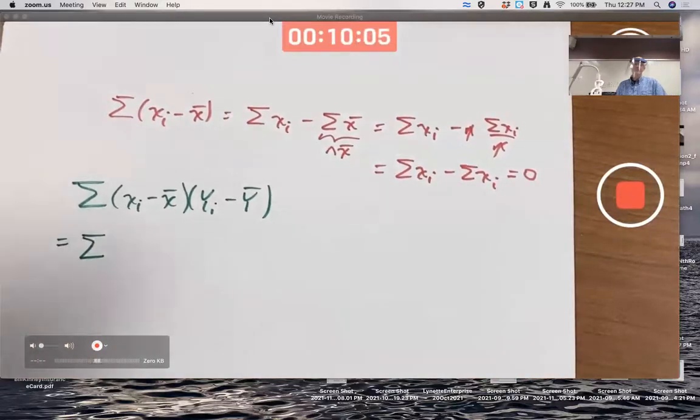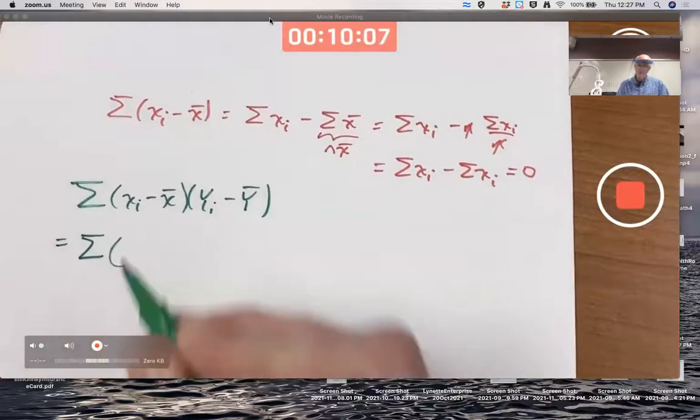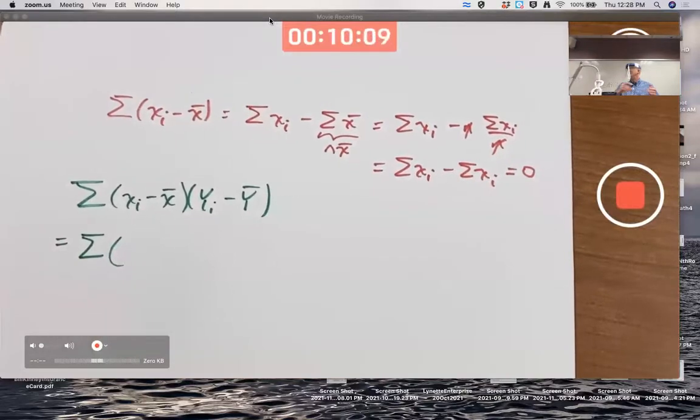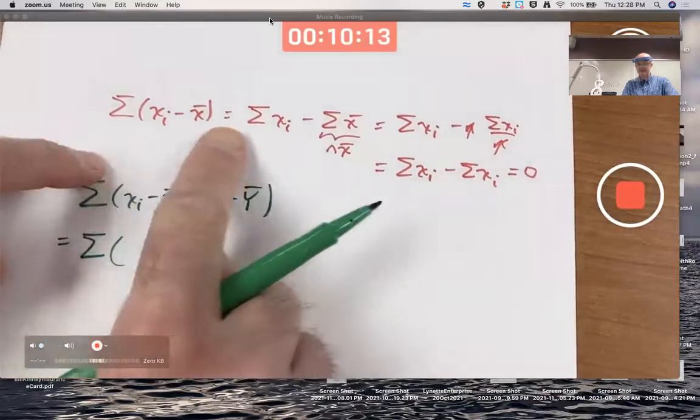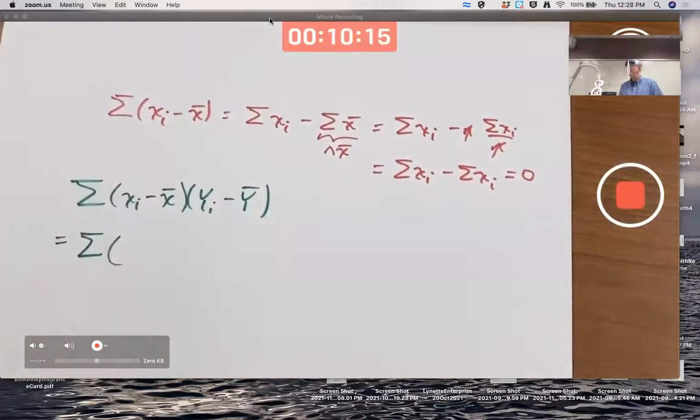It's a matter of, well, foiling this out first, then using the fact that the summation distributes. By the way, when I say the summation distributes through parentheses like this, that's not really the distributive property that allows that to be true. It's really more of, I guess you would say, the commutative property of addition.